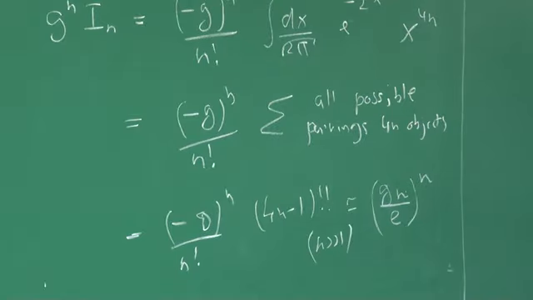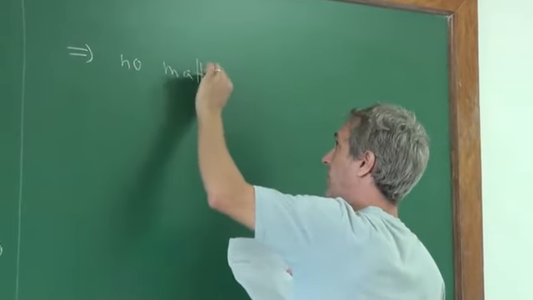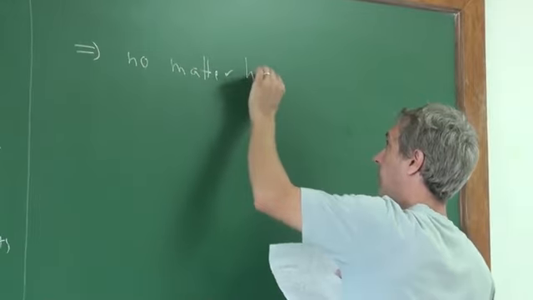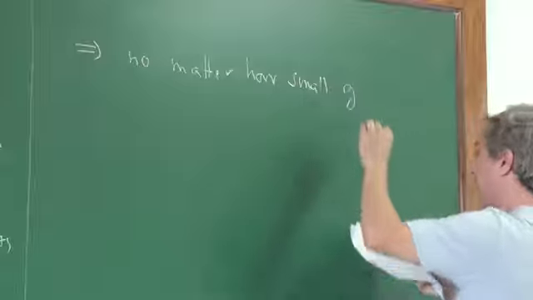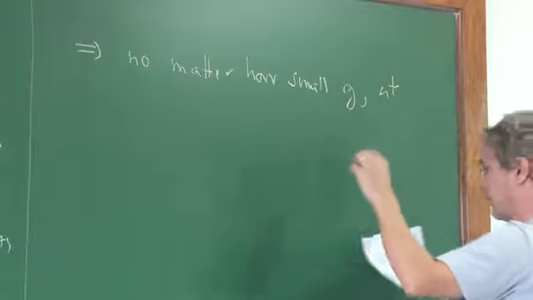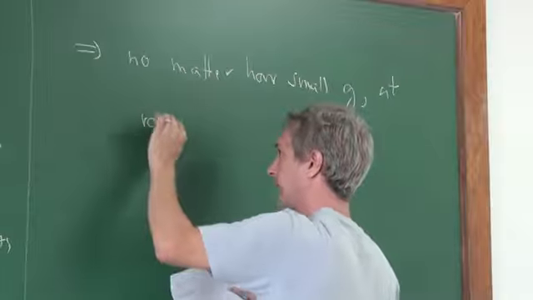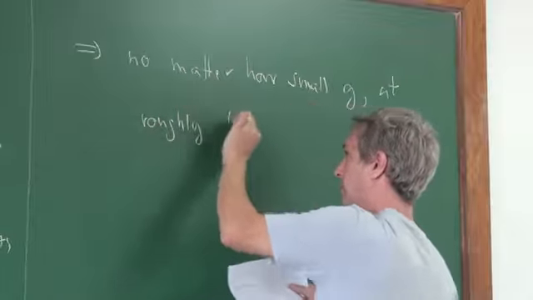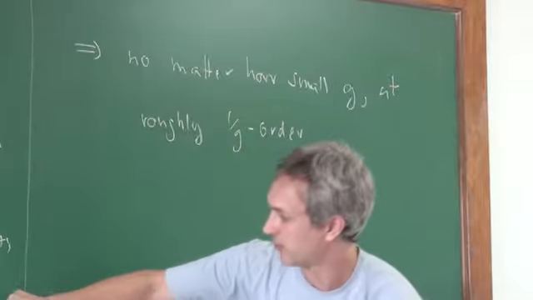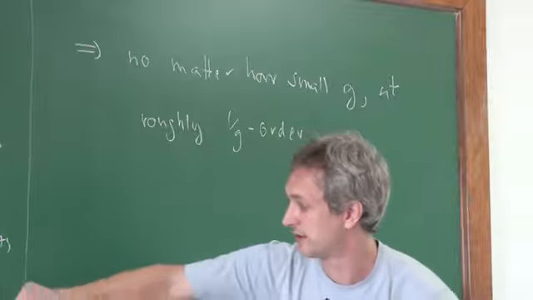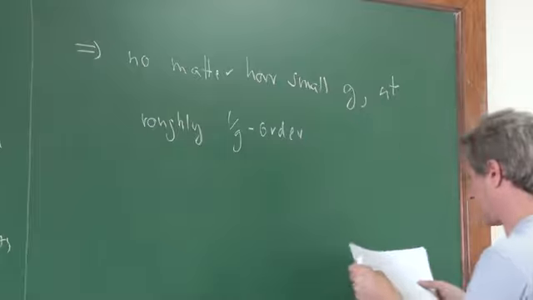Okay? So that's the first observation that we do, that the idea, well, g is small, let's do an expansion in g, doesn't really work out, because we see that no matter how small g is, at roughly the 1 over g's order in perturbation theory, so where n is of the order of 1 over g, this is becoming of order 1 and will just explode.